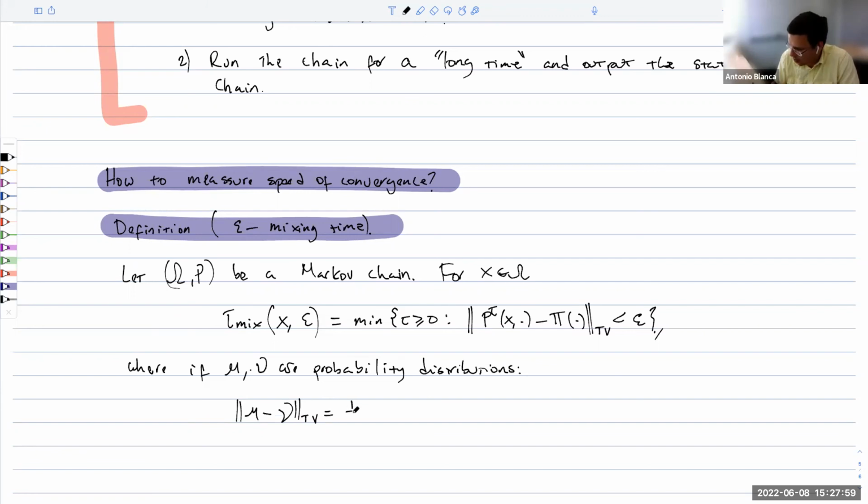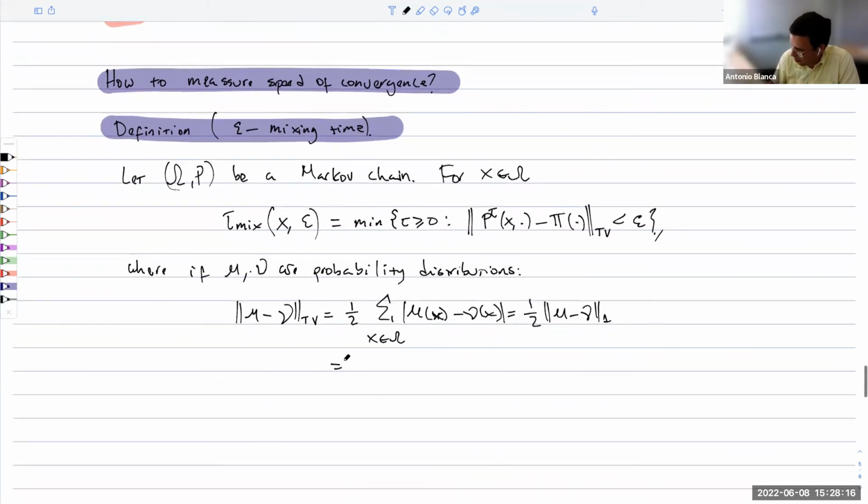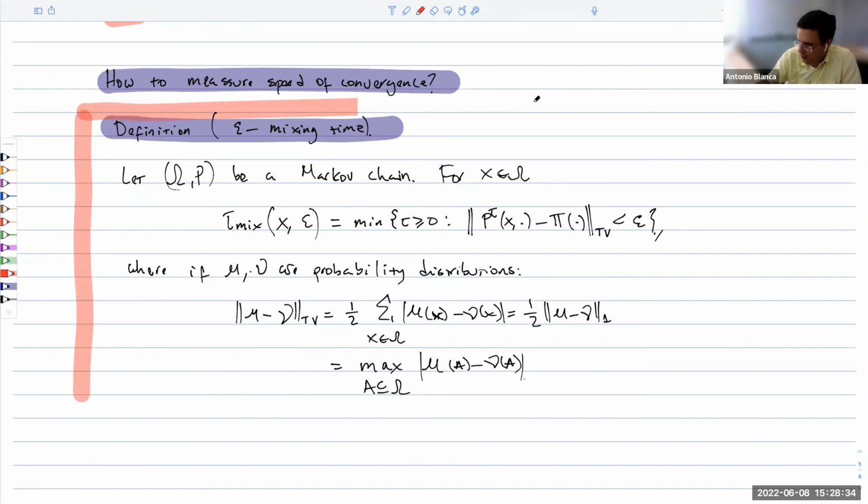So it's 1/2 summation over x in omega of the absolute value of mu of x minus nu of x. This is 1/2 of the L1 norm. There's also an interesting property that will come up later, and you can check it as an exercise, that it is also equal to the maximum over all the subsets A of the state space of mu of A minus nu of A. Okay, so I've shown lots of things here. This is an important notion.